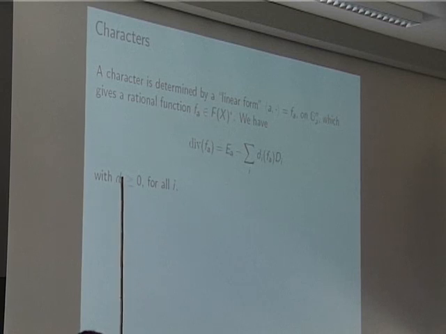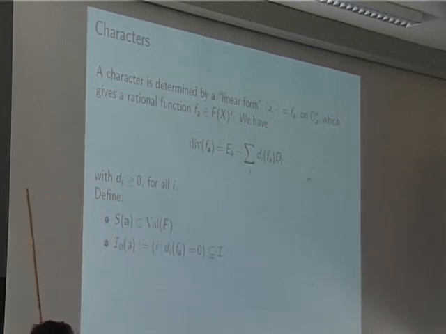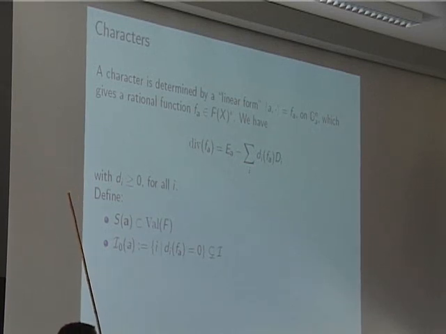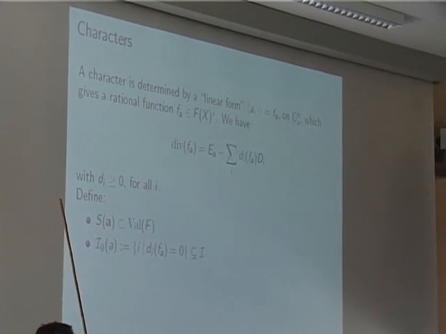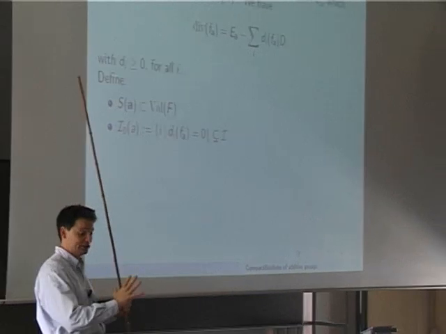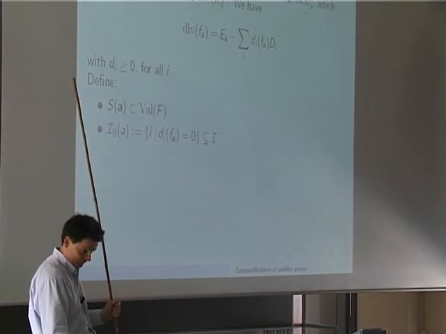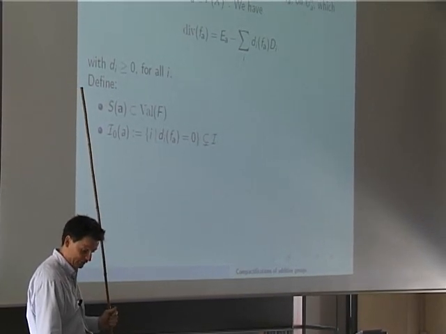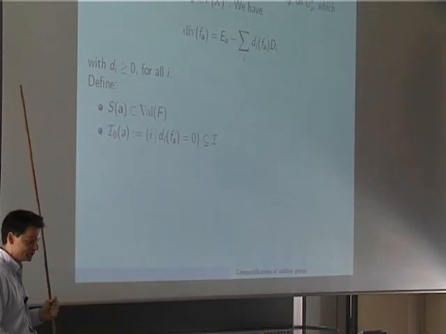So we have to look at the behavior of these functions f_a as a varies. So a is going to vary over a lattice. That's coming from the invariance of the height function with respect to the compact subgroups.